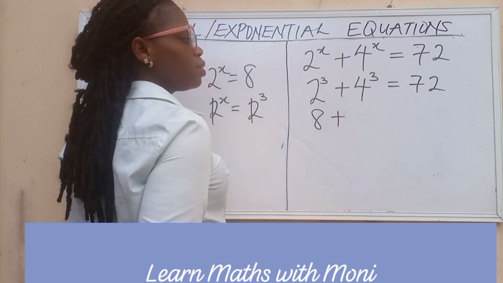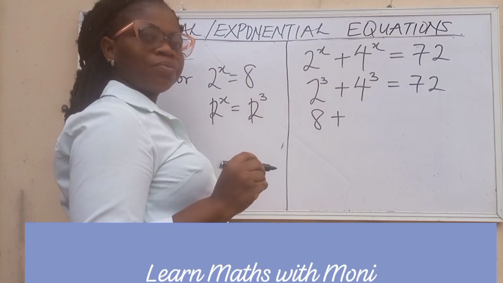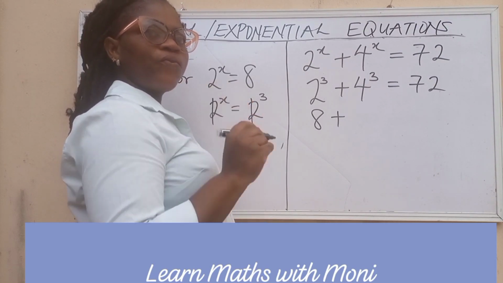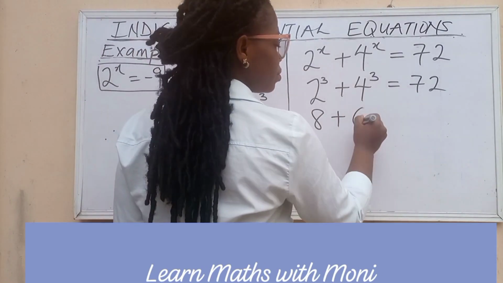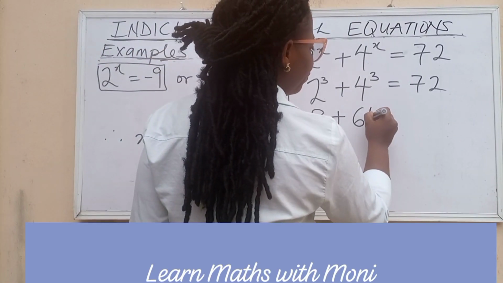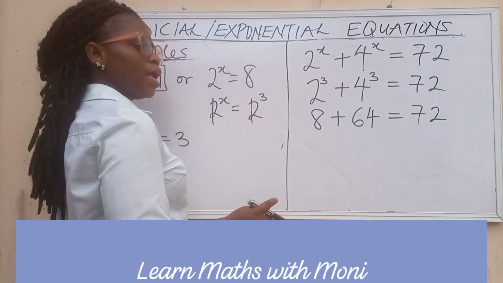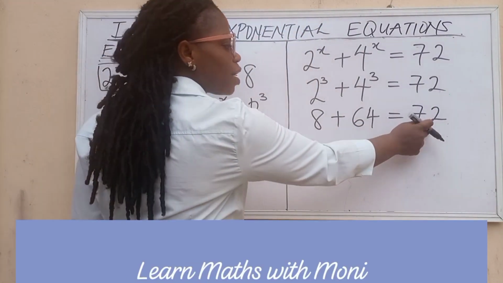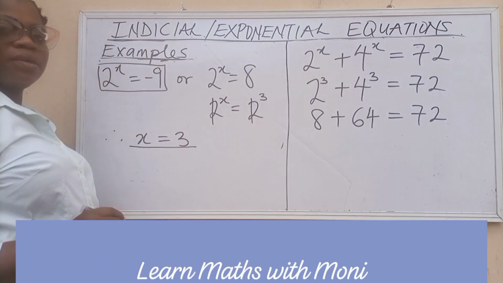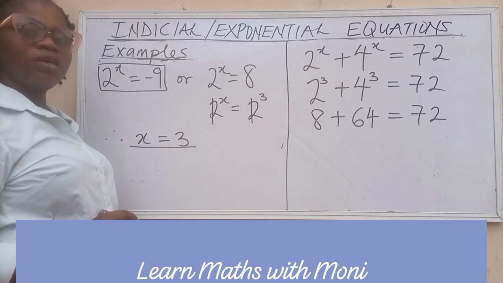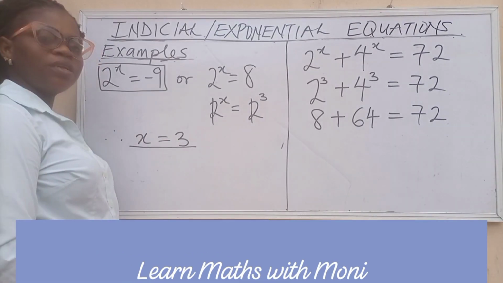Plus 4 raised power 3 is 4 times 4 times 4, which is 64. 8 plus 64 is actually 72, which makes the x that is sought after 3.